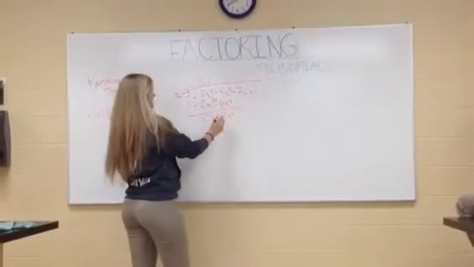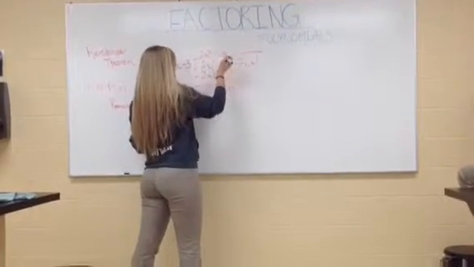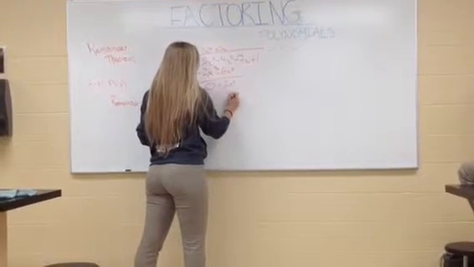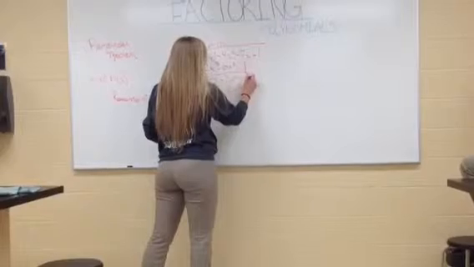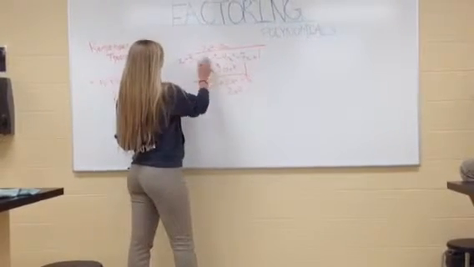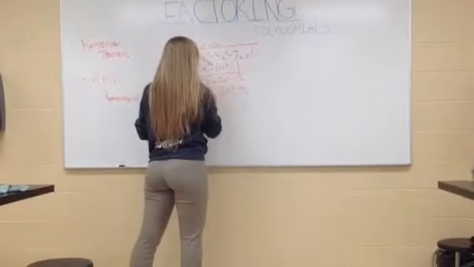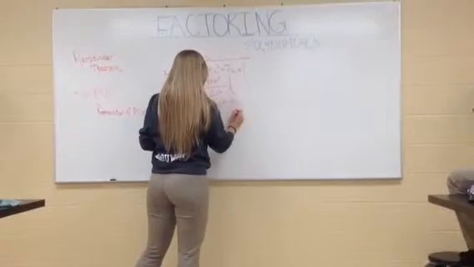And then we do it again. We do 2x squared divided by x, which will give us 2x. Then we multiply 2x by the x again, which will give us 2x squared. And we drop the negative 7, and we multiply 2x by negative 3, which will give us negative 6x. And we subtract them, so this is 0, and this is negative 1x.